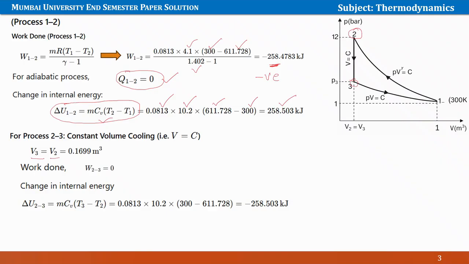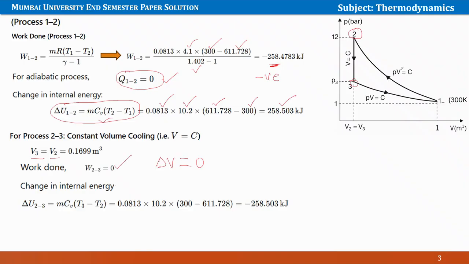As it is a constant volume process, there is no change in volume. So delta V is 0, and if there is no change in volume, then the work done during that process is also 0. Work done during a constant volume process is 0, right? So work done during this process 2 to 3 is 0.